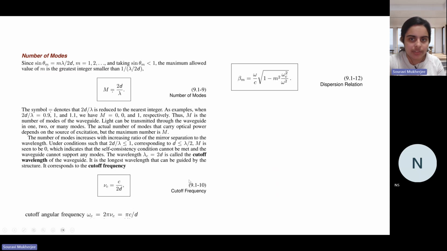So from here, if you use that relation, you can write how your propagation constant, that is the component of the wave vector in the direction of propagation, depends on the frequencies. Okay, this is your cutoff frequency. This is your frequency of operation. So this is how your dispersion relation will look for a planar mirror waveguide.